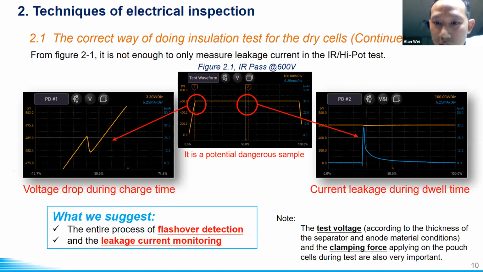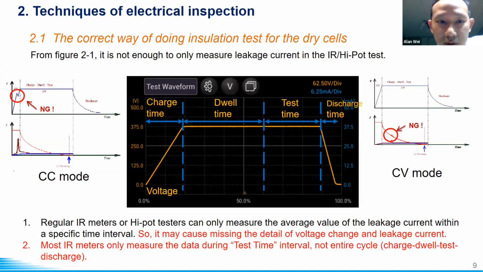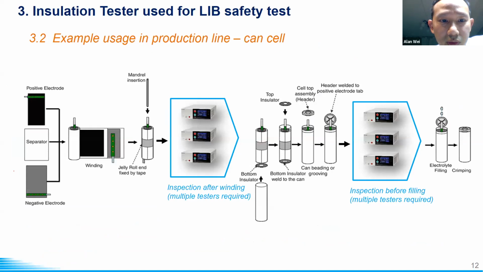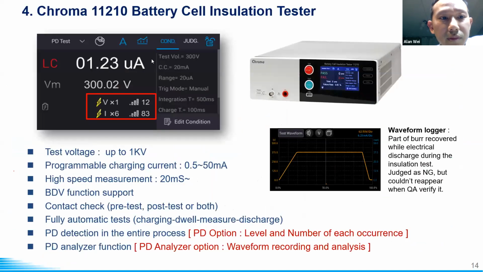Erica is asking, how does a failure show on your screen? Here's the screenshot of our meters. For the regular IR or LC meters, we can also measure the value. However, if you turn on the PD function, then we can monitor both the VPD and IPD.